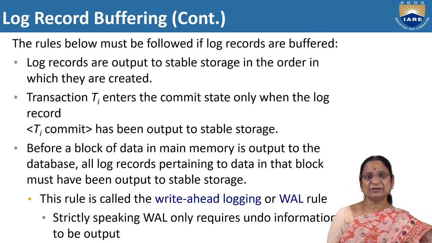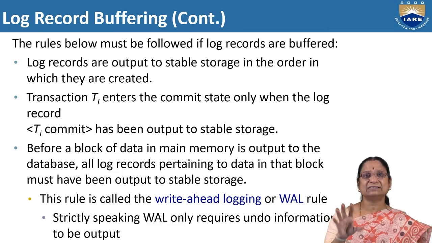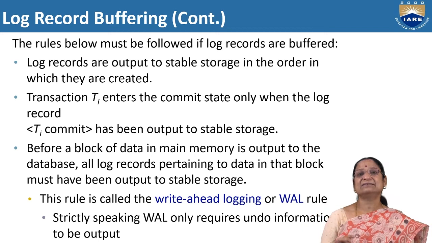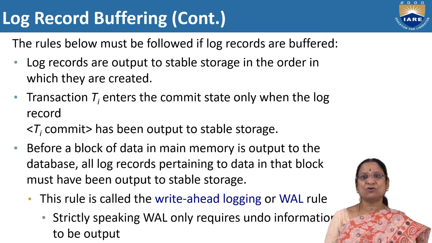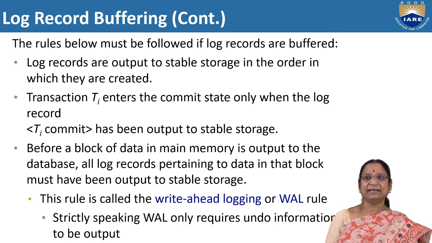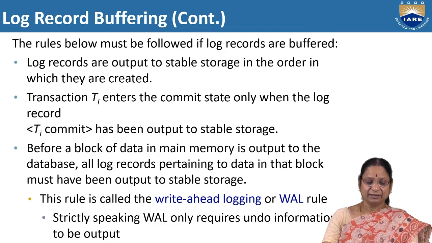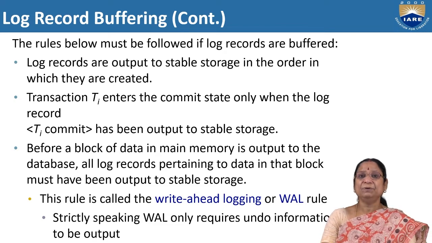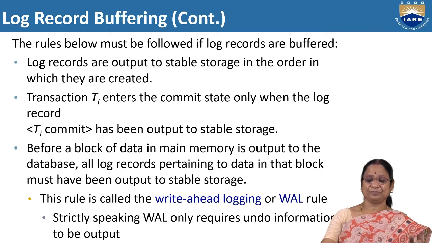So when a block of memory is transferred to the secondary storage, all log records related to this block must be transferred to the stable storage. This rule is also called write ahead logging, the WAL rule. Write ahead logging means before transferring your block, the related log record must be transferred to the stable storage.